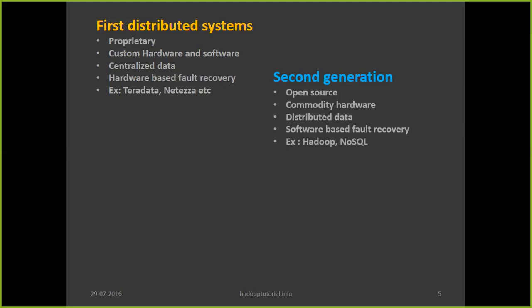But the problem is they are mainly batch oriented, and the latency, the response time, is relatively high. That is why we always start avoiding MapReduce because of its slow responsiveness.